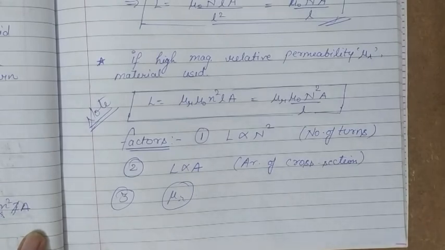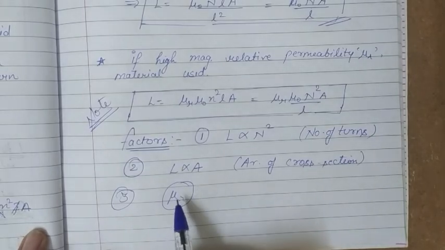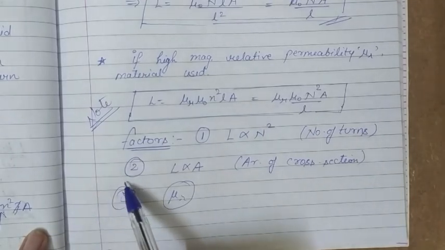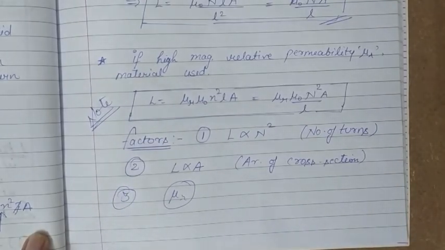Suppose we have a coil that is wound over an iron core of relative permeability mu r, then its self inductance becomes mu r times of that answer. So the self inductance capital L depends on the factor mu r also. So these are the three factors on which the value of self inductance depends.